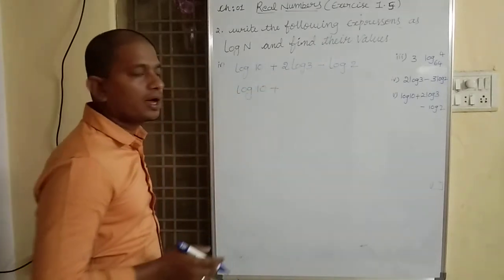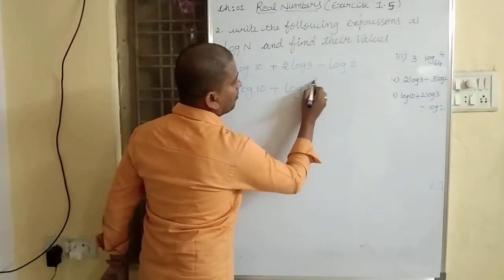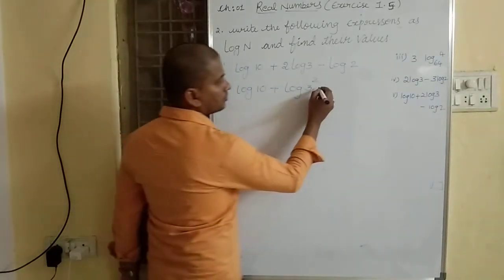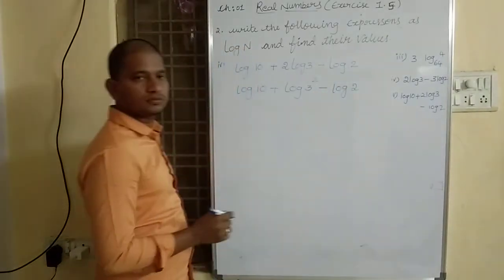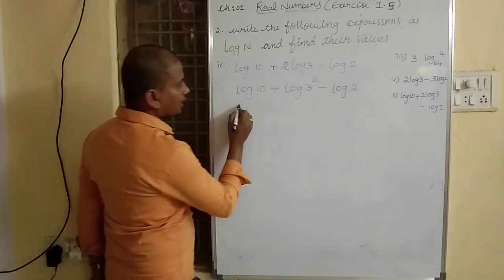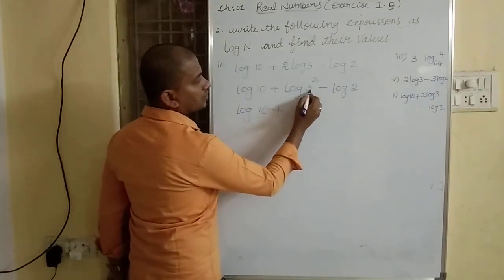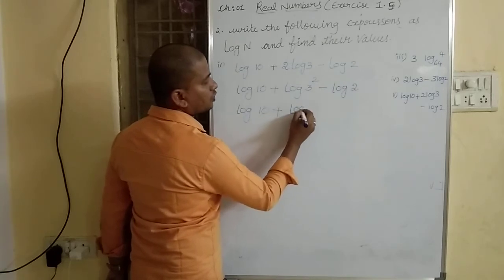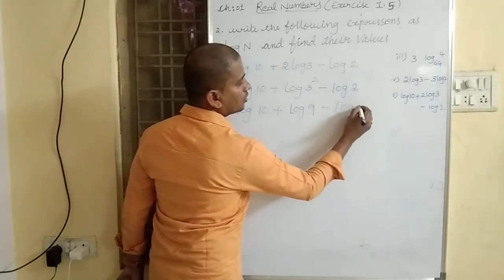M log a I can write as log a power m, minus log 2. So log 10 plus log 3 square, 3 square value 9, minus log 2.